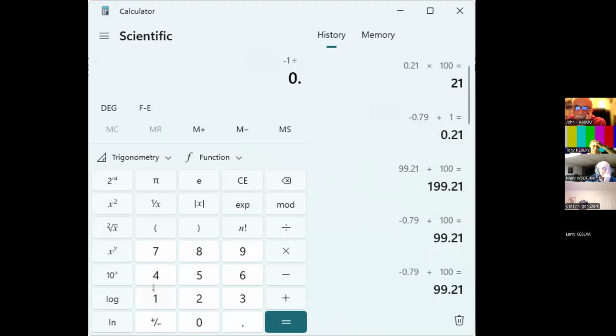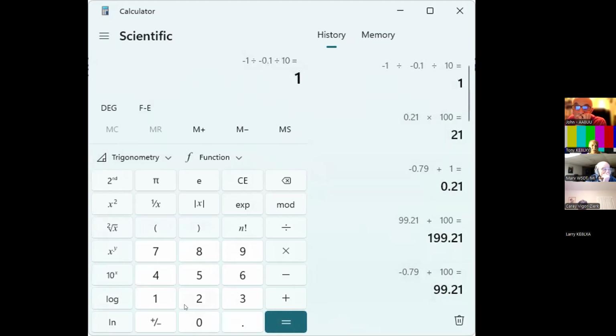0.1 negative divided by 10 equals 0.21, no. I'm going to try again.